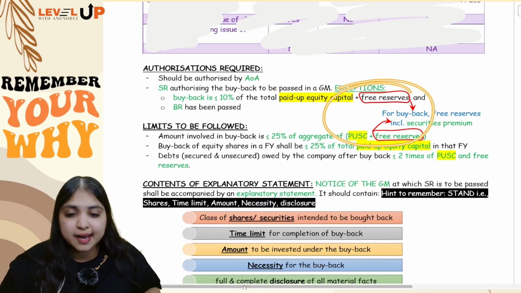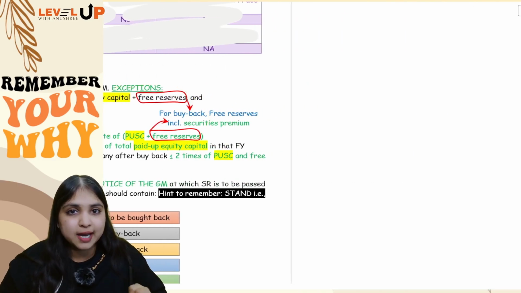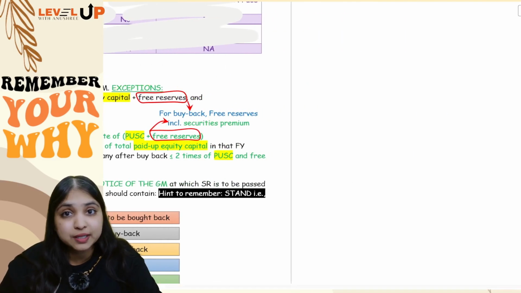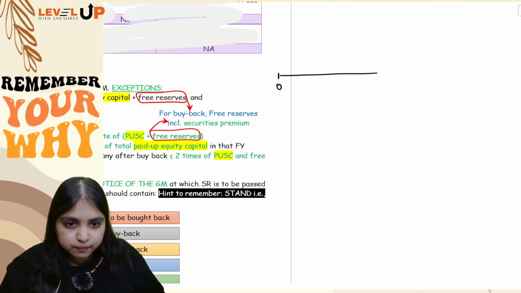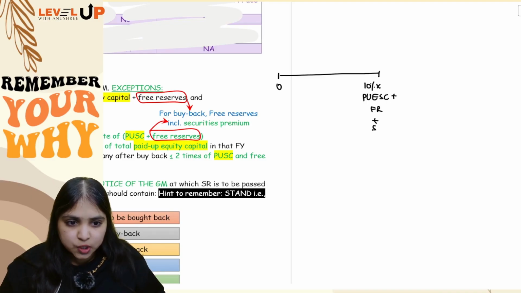Now for this BR-SR point, I will once again draw the diagram for you which I drew for you in the class as well. See, I told you 0 to 10% of paid up equity share capital plus free reserves plus securities premium.